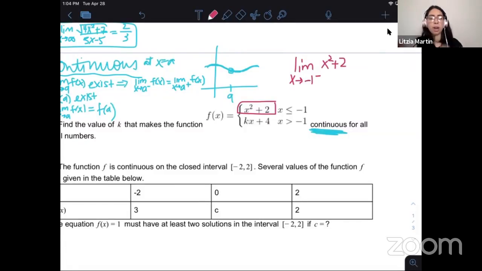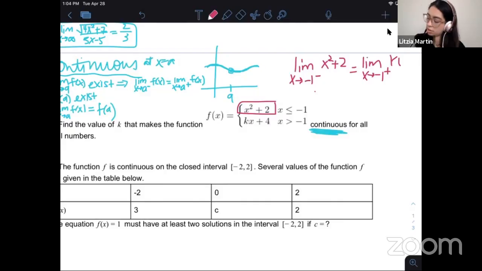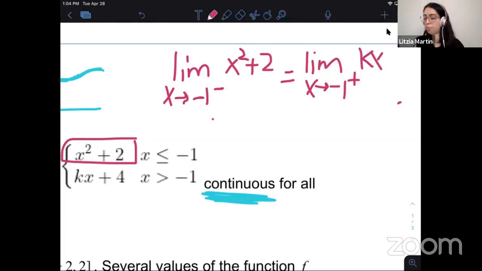And then the right side, x greater than -1, is going to be kx plus 4.